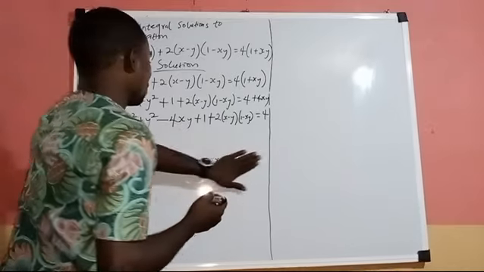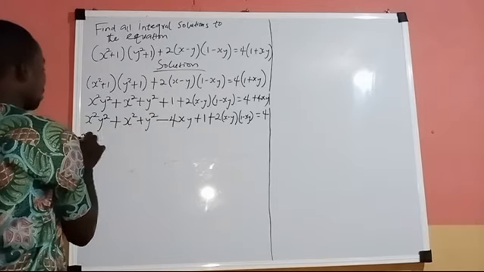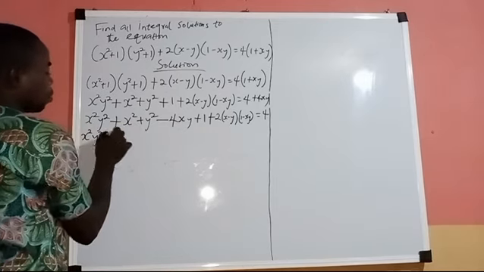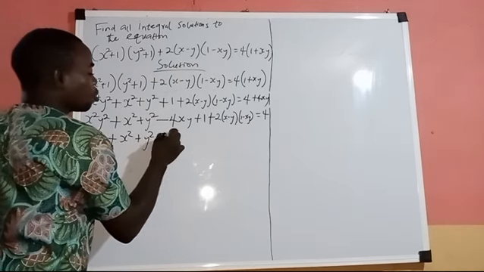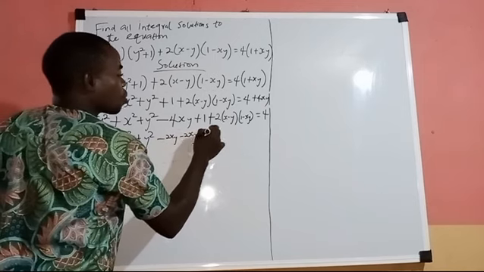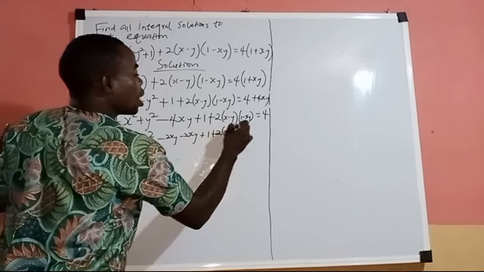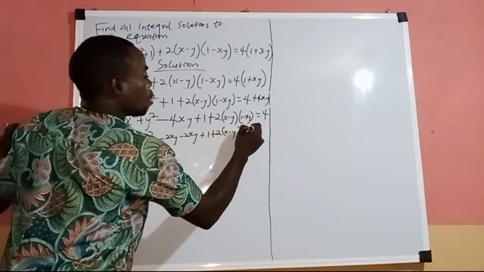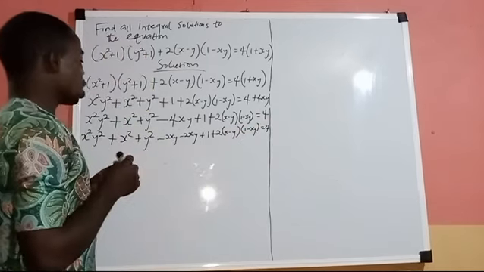Writing it, we have x squared y squared plus x squared plus y squared minus 2xy minus 2xy plus 1 plus 2 into (x minus y) into (1 minus xy), and it's all equal to 4. Okay, so this is what we have.